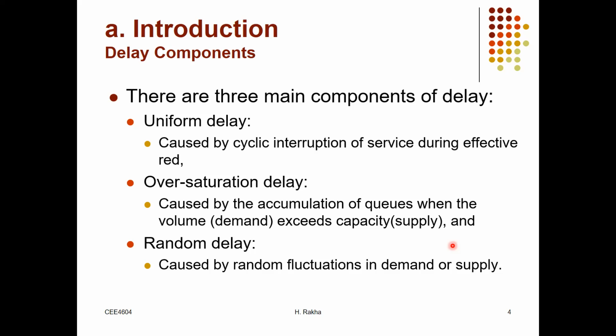But uniform delay will be occurring, for example, in the off-peak periods where the demand is low, and so you can serve that demand easily within the green times, the effective green times. Is that clear? So uniform delay is not congested conditions. Oversaturation delay is when it's congested, and random delay is an addition on top of the uniform and oversaturation delay that occurs because of the randomness in the system.